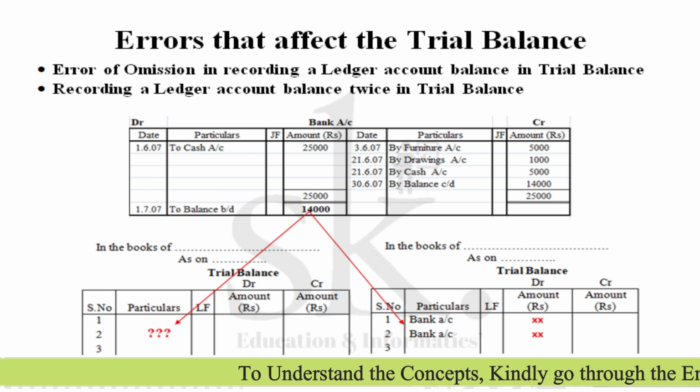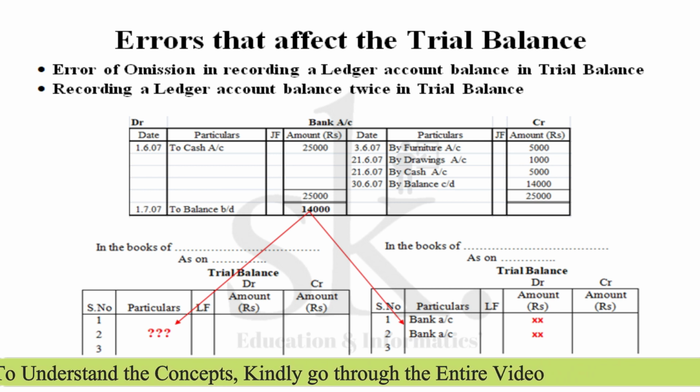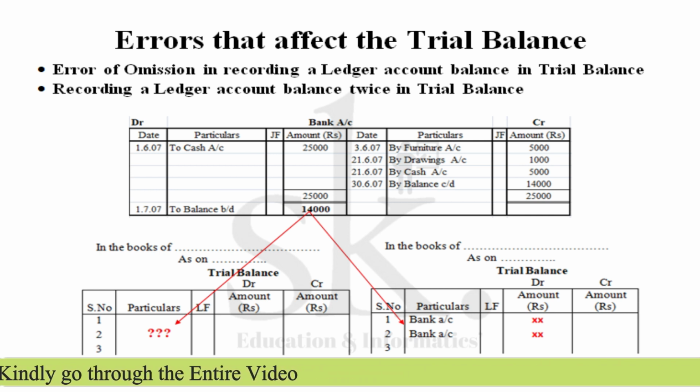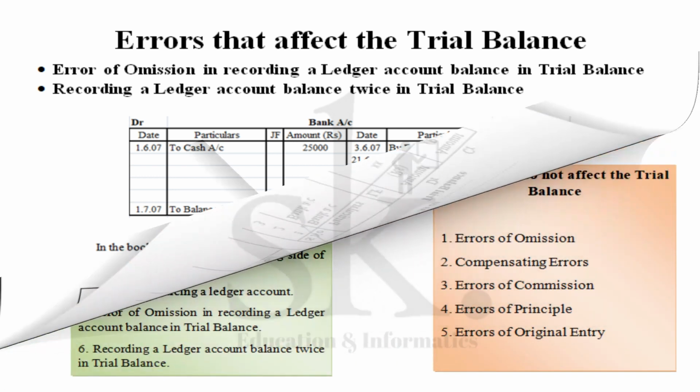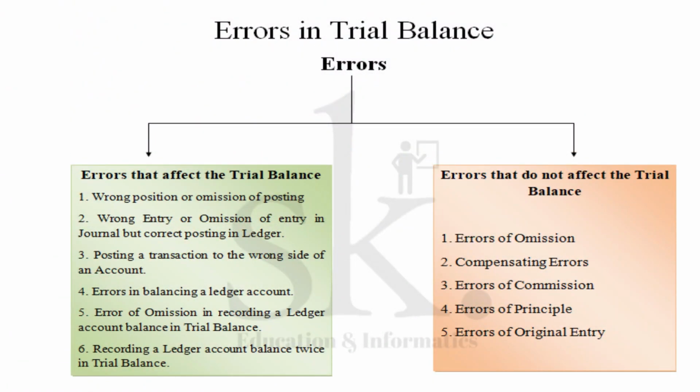In the second instance, the bank account balance of 14,000 has been recorded twice in the trial balance. Either you omit it or you record it twice, your trial balance will never tally. These are a few examples of errors that affect the trial balance, and we use a suspense account in order to tally the trial balance.